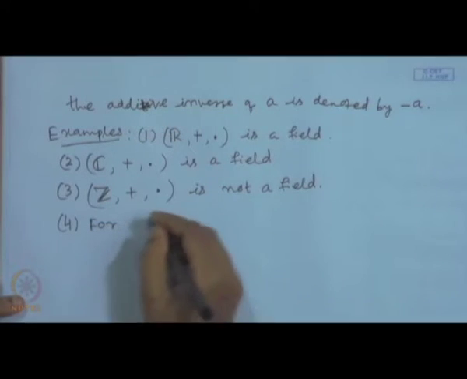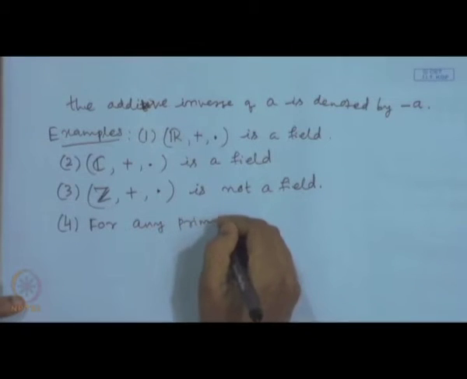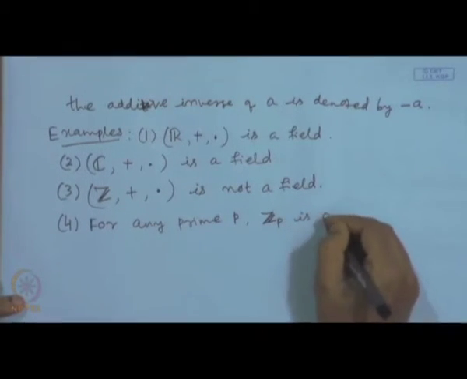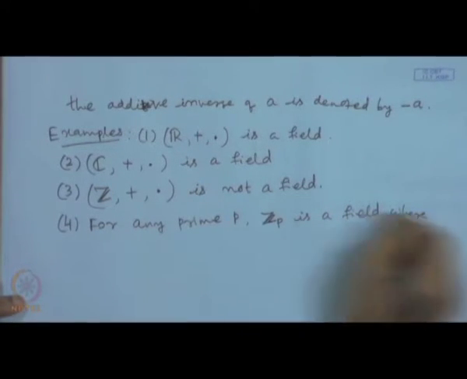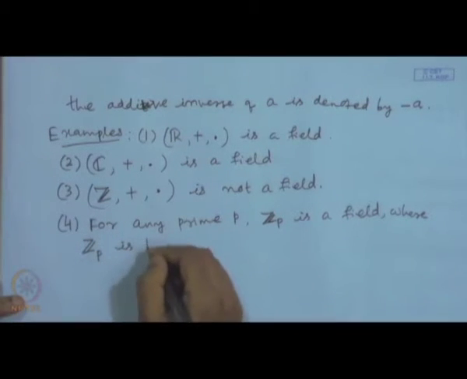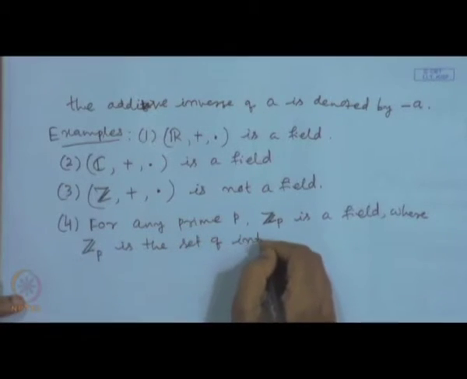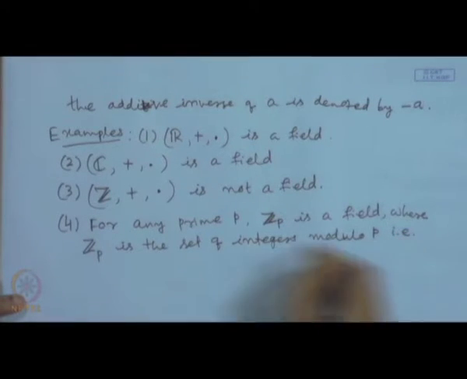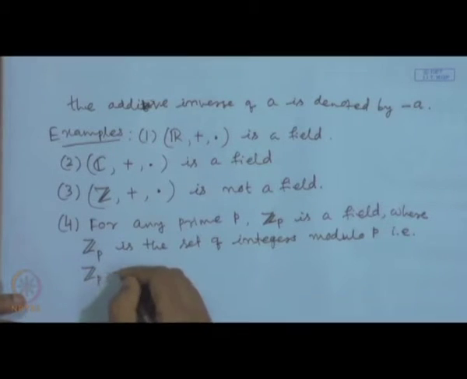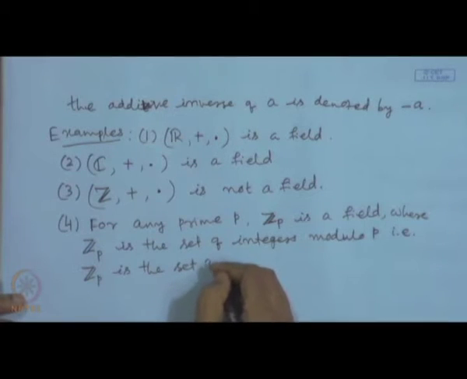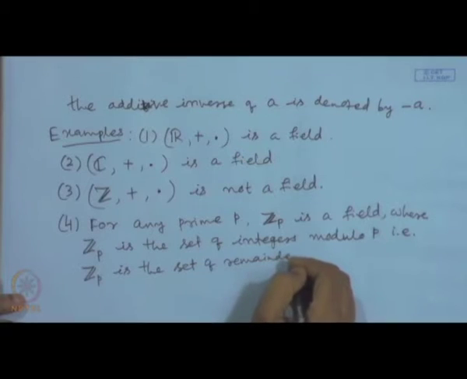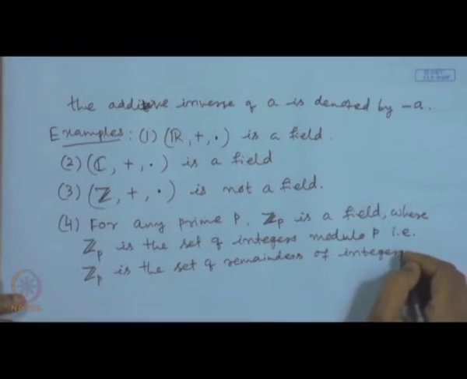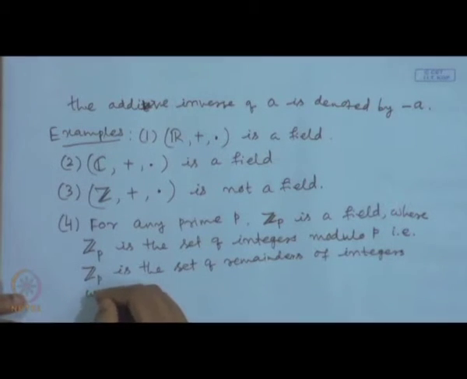For any prime P, ZP is a field, where ZP is the set of integers modulo P, that is, in other words, ZP is the set of remainders of integers when divided by P.